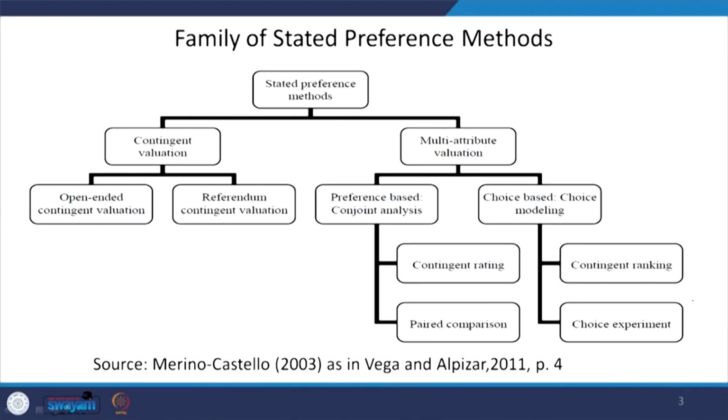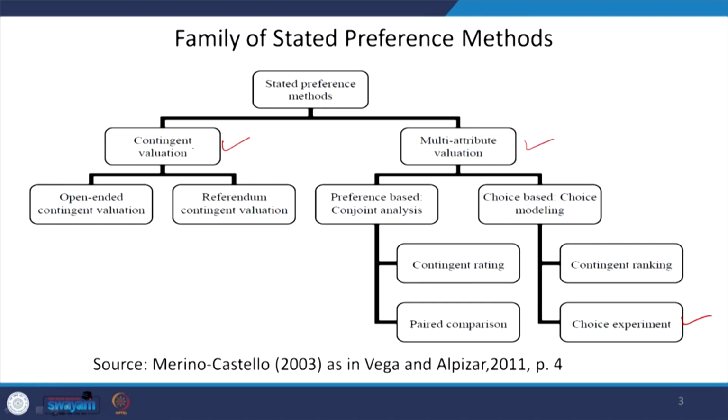Before talking about what the choice experiment method is, let us have a look at the family of the stated preference method. As you understand, choice experiment is one of the methods under the stated preference method, so our focus today is explaining this method. Broadly, the stated preference method is divided into two categories. One is the contingent valuation method that we have already discussed, and the second one is multi-attribute valuations.